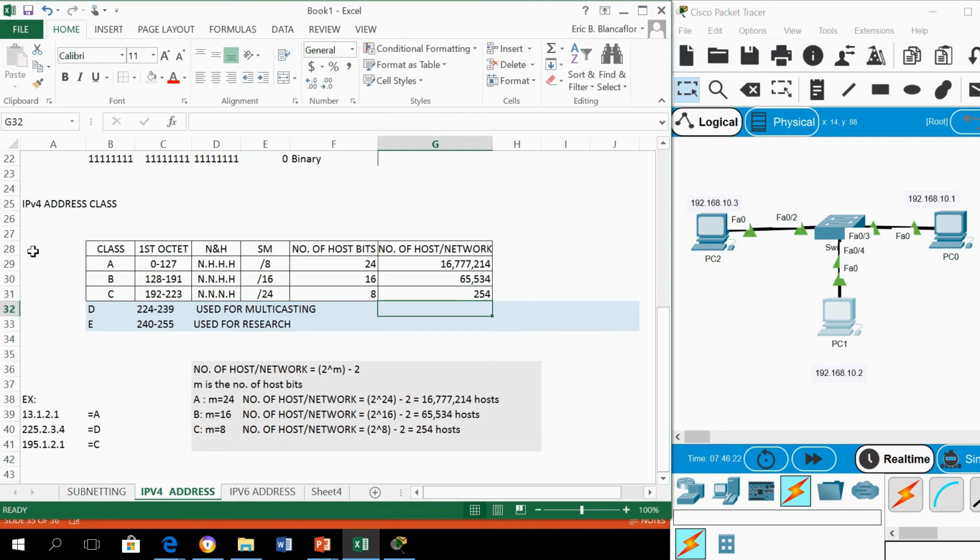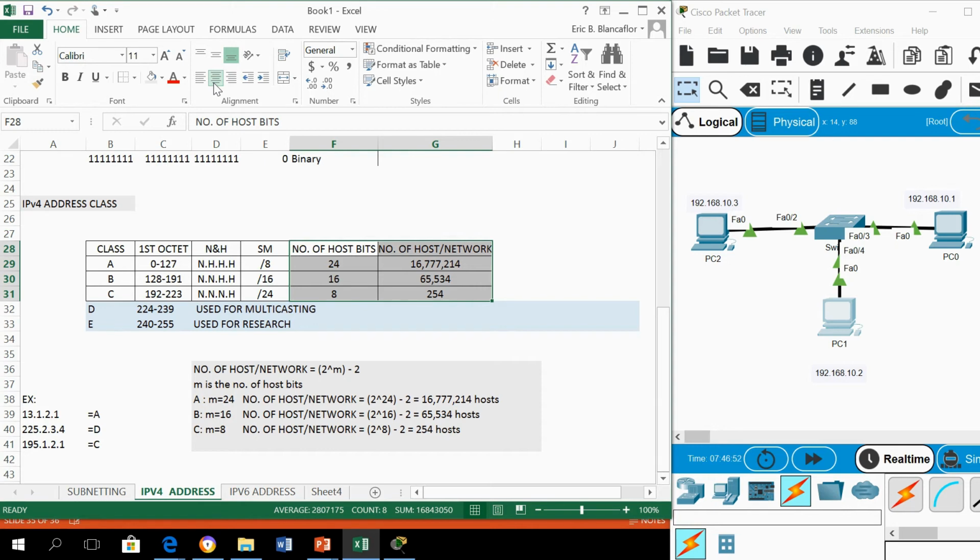Okay, so this is very important. Nowadays we actually do not care about the class. We call it classless addressing. That's because of subnetting, which we will discuss in the next video. But again, this IP address class is still very important because we deal with routing, for example RIP, and it deals with classes.